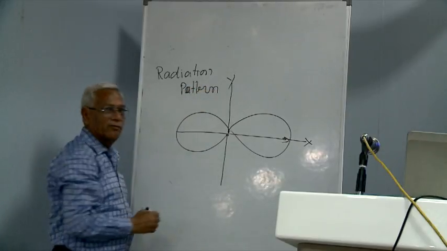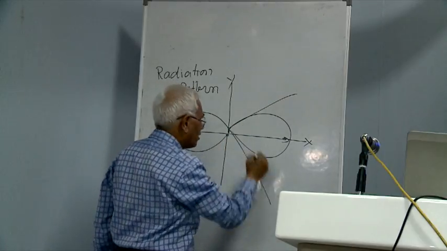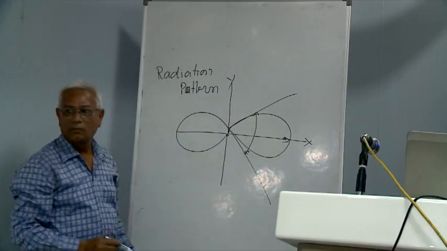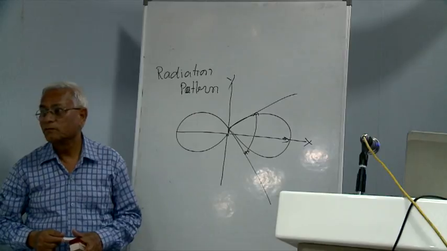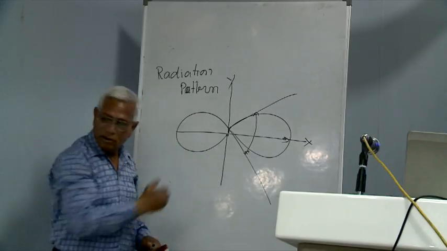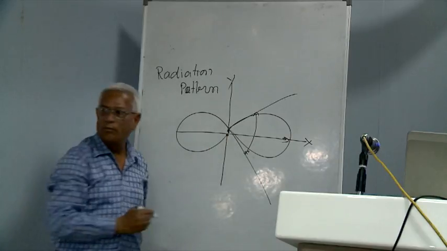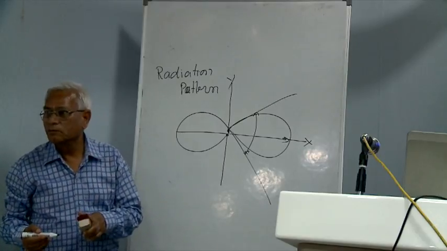No doubt it is directional, but this angle will not remain same in all antennas. It will vary from antenna to antenna. And varying parameter may be the metal used, the difference between the feed points, displacement of the feed points.